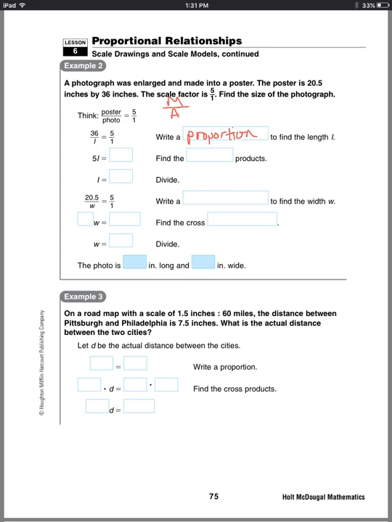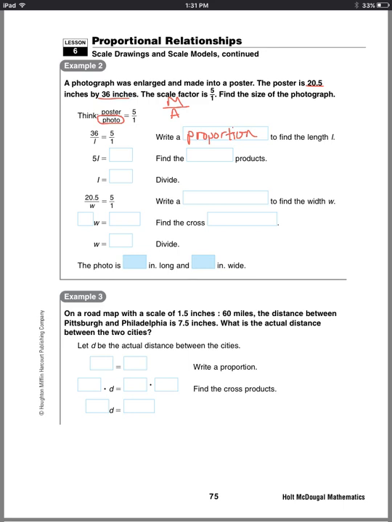So we have to take both the 20.5 and the 36 and put it in a proportion to find the length and width. Okay, it doesn't matter if you do the 36 or the 20.5 first, because it's the photo we do not know the measurements of. So the photo is going to be X both times. So they use 36 first.